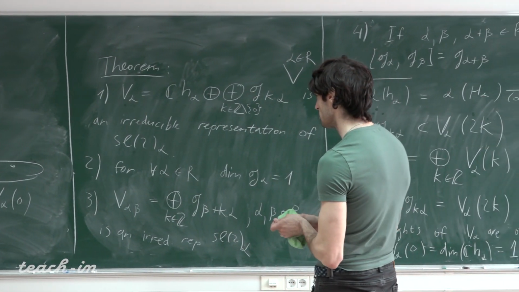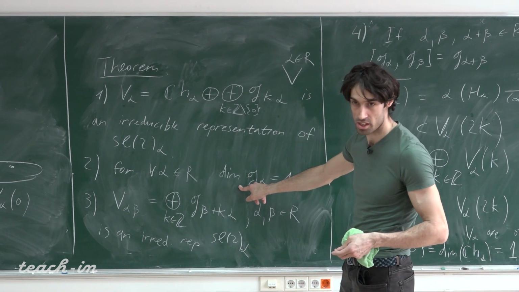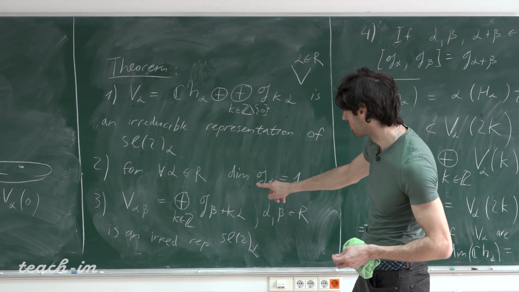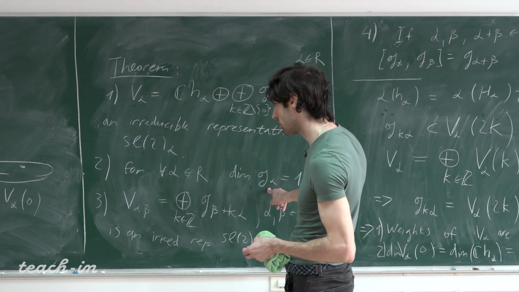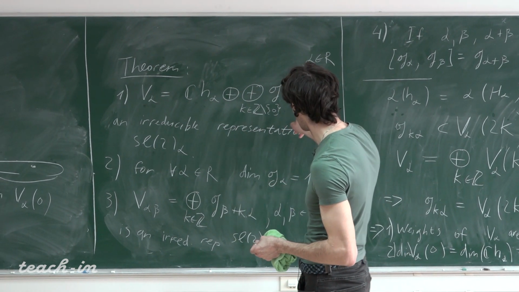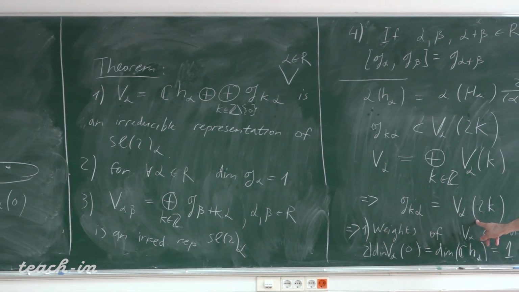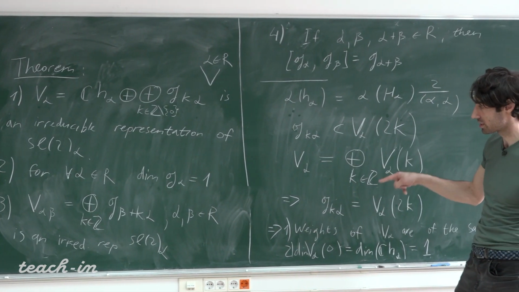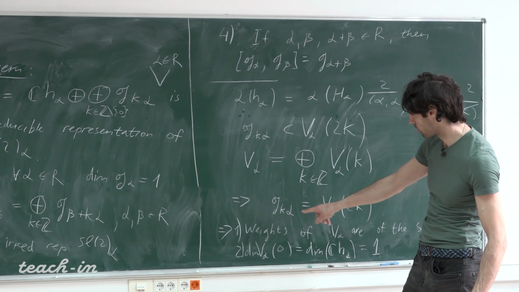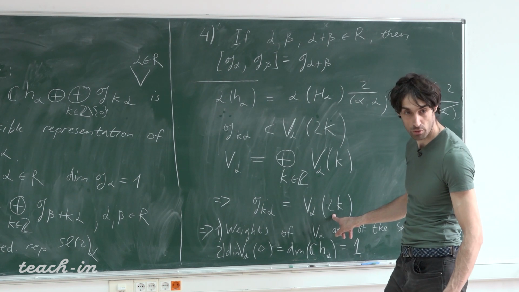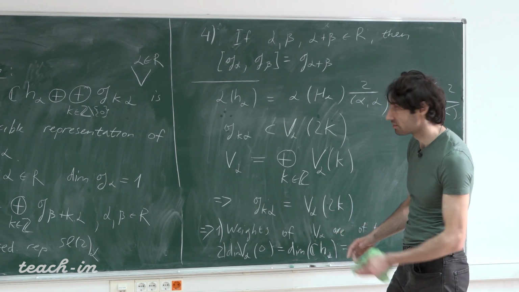From the first one, we immediately have the second one. Why? Because G alpha is, according to our computation right here, exactly the weight subspace of weight 2 of V alpha, right?